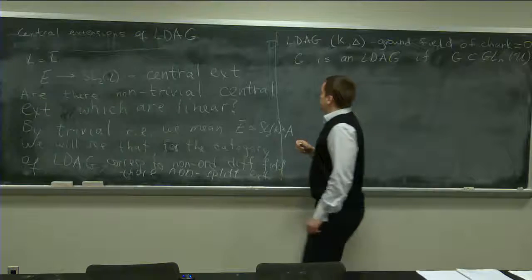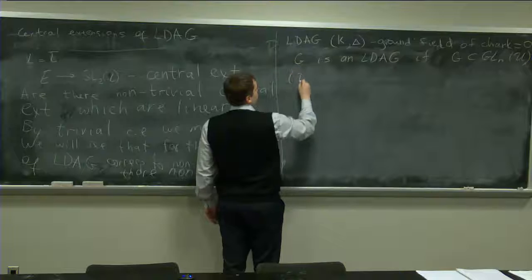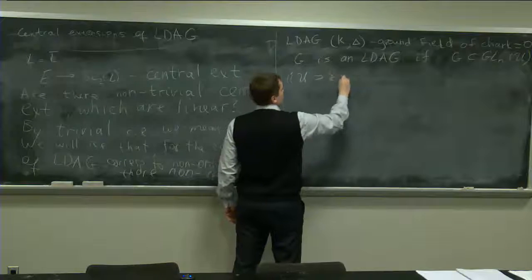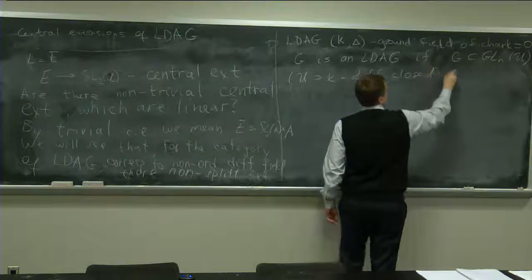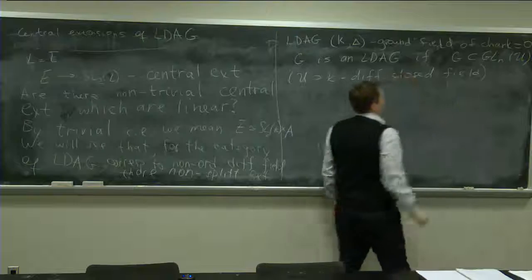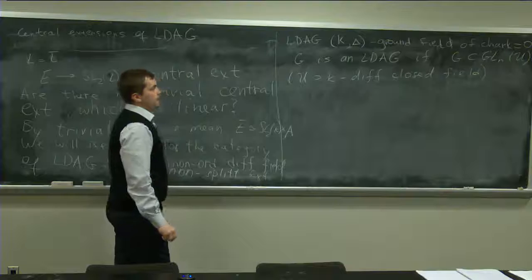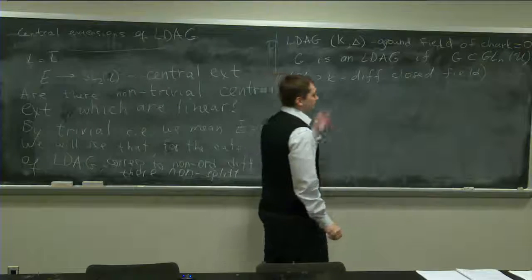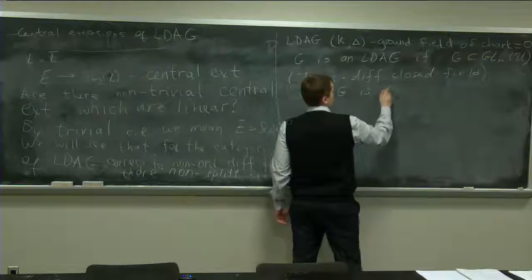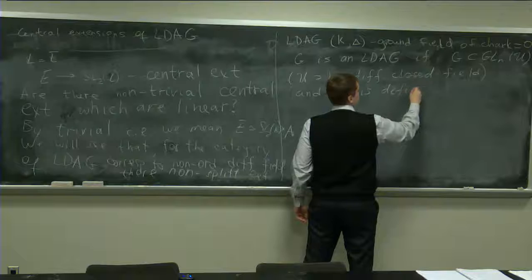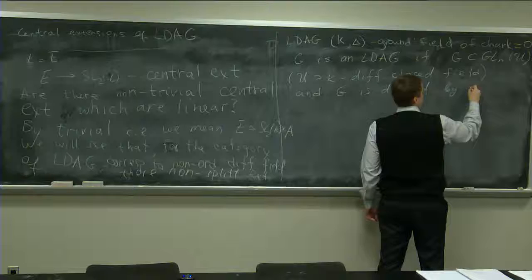These are points, and U is a differentially closed field containing K, so this extension preserves the derivation. And G is defined over K by differential polynomial equations.